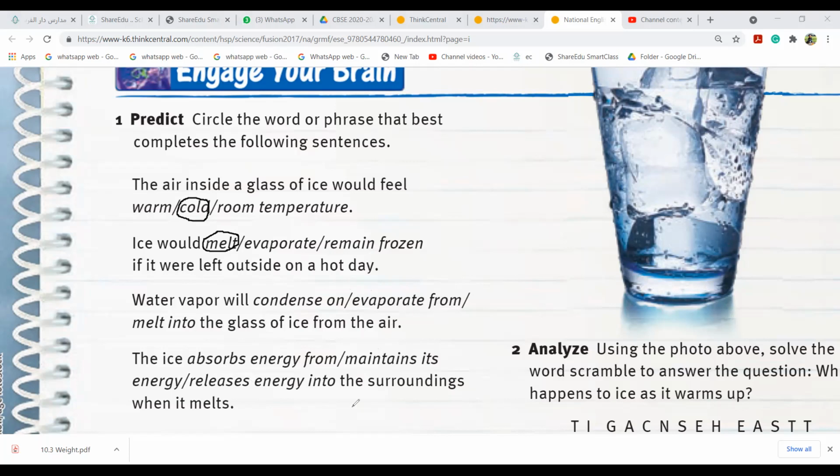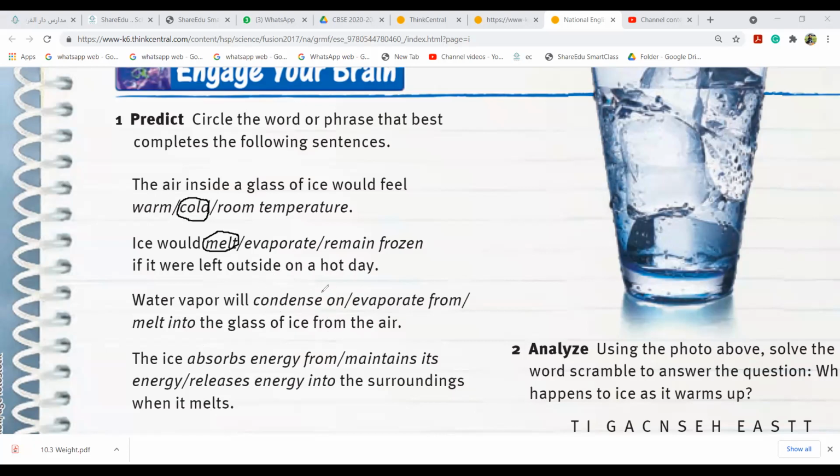When you see the droplets of water on the glass of ice from the air, it will condense, girls.